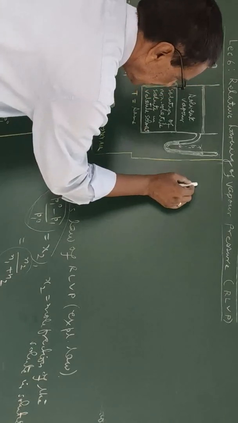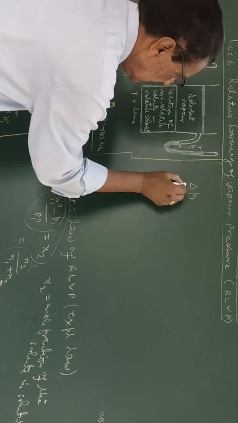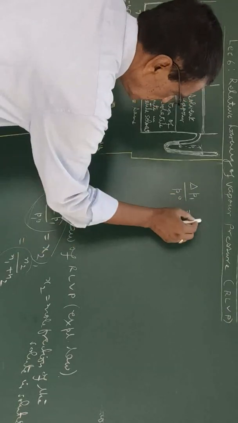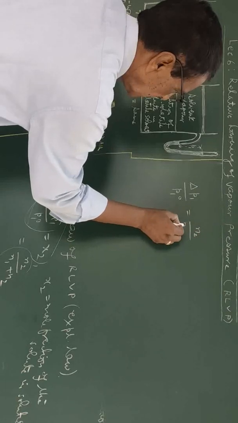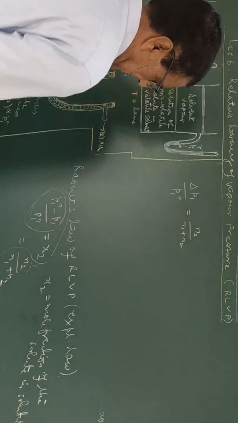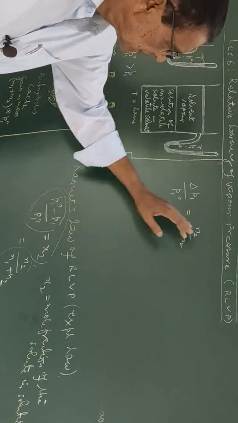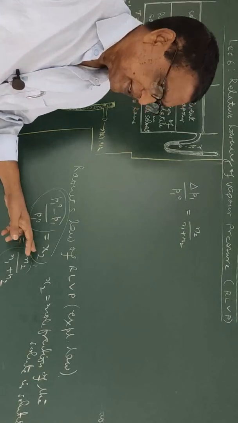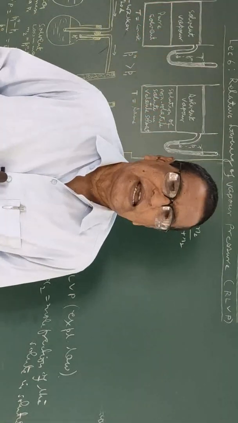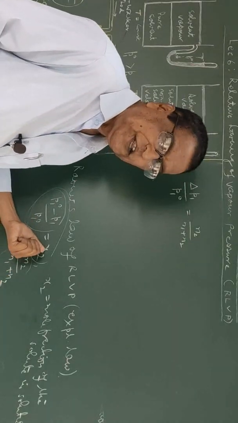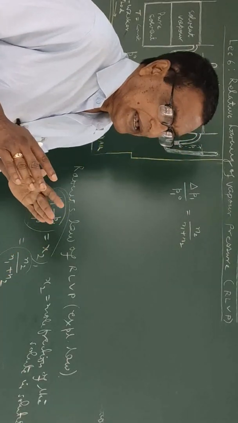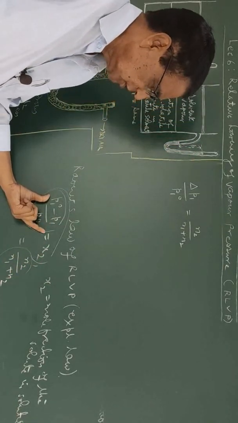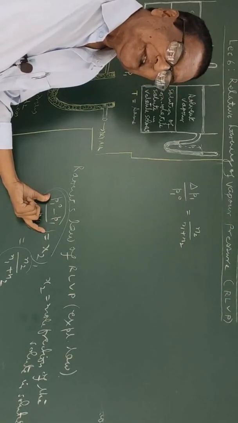We can write in short, delta P1 divided by P1 naught equal to N2 divided by N1 plus N2. Instead of writing the mole fraction, we can write in terms of the number of moles. And this mole fraction is the concentration of the solution, and this concentration is temperature independent. So as long as the solution behaves ideally, this relative lowering of vapor pressure is temperature independent.